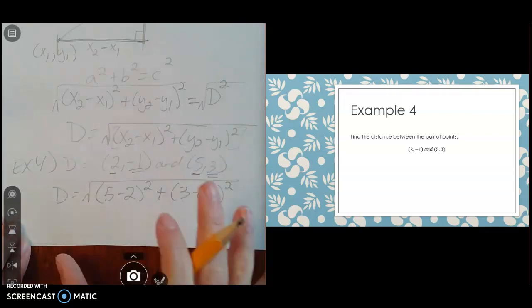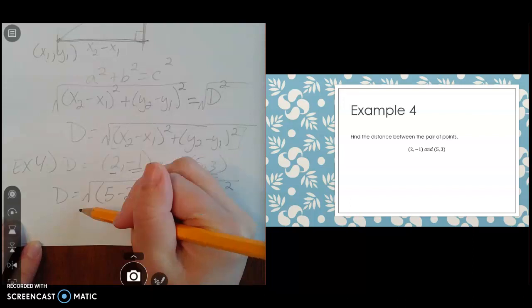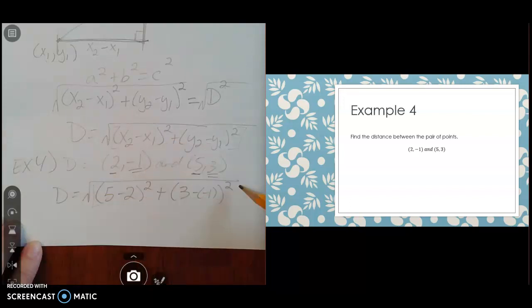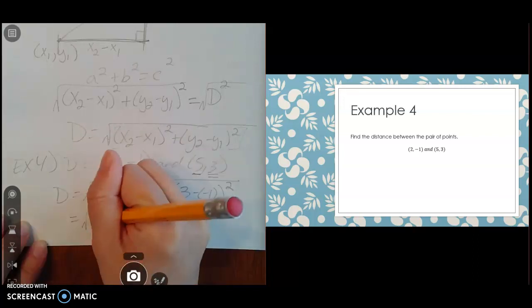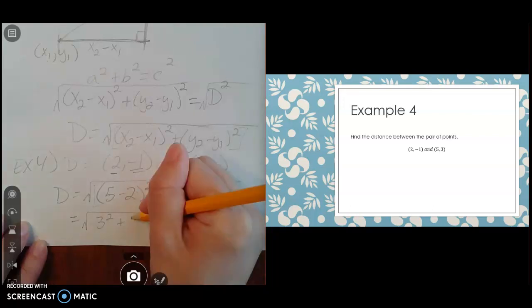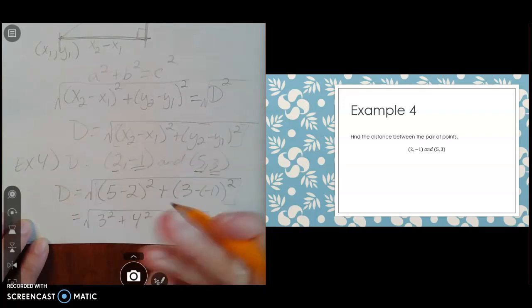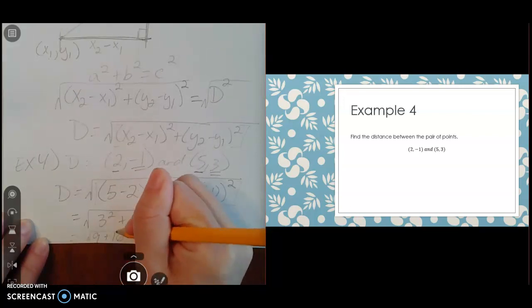With order of operations, I'm going to do parentheses, then exponents, then add, and I'm going to do the square root last because everything is underneath the square root, and you've got to get it all together first before taking that square root. 5 minus 2 is 3, so I've got 3 squared. 3 minus -1 is the same thing as 3 plus 1, which is 4 squared. 3 squared is 9. 4 squared is 16.